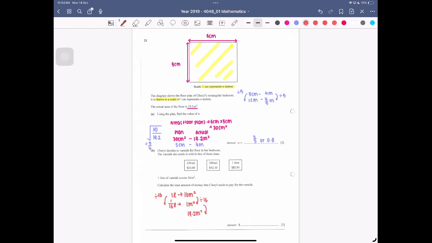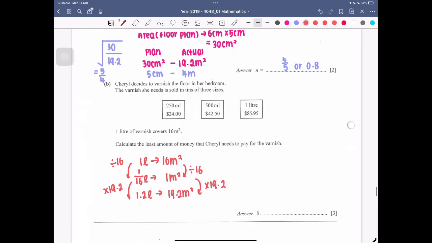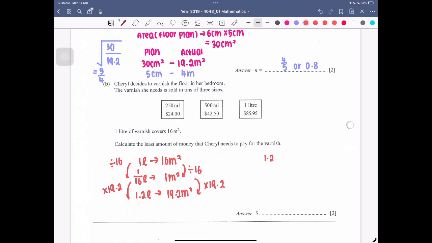From 1 to 19.2, you just need to multiply by 19.2, and here likewise, multiply by 19.2. So when you take 1 over 16 times 19.2, you will get 6 over 5, or 1.2. I will use the decimal, 1.2 liters. So we need 1.2 liters.